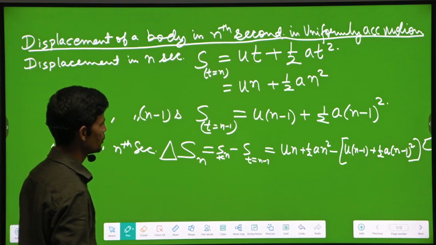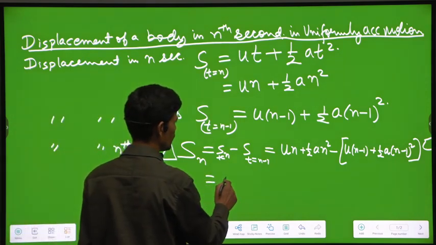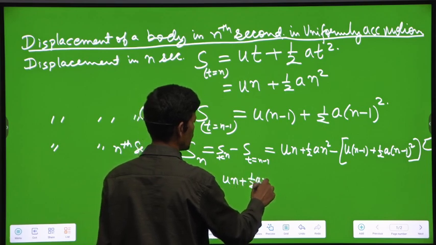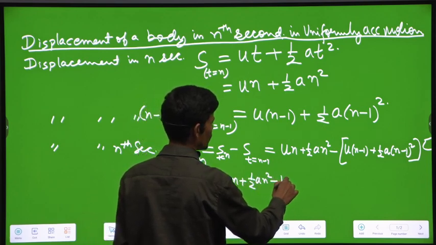Alright, next it is simply algebra: un plus half a n square minus un.